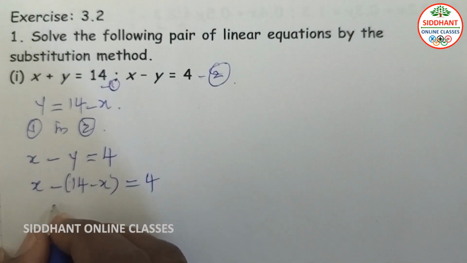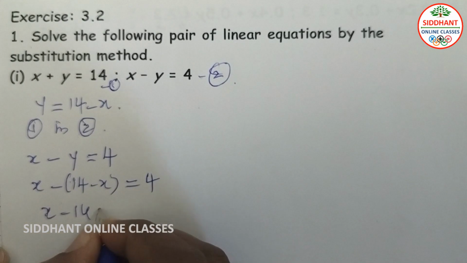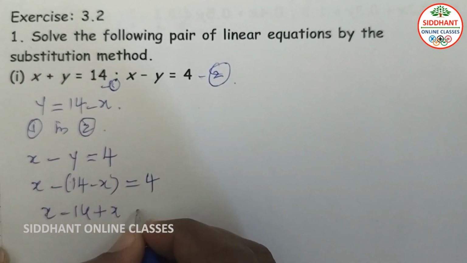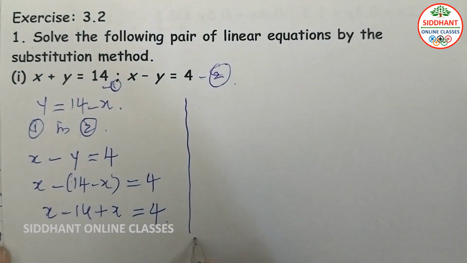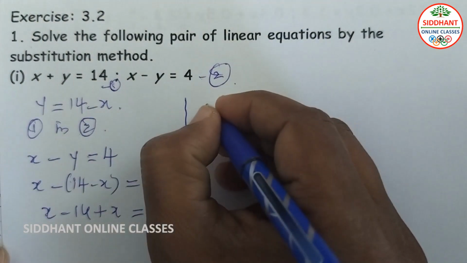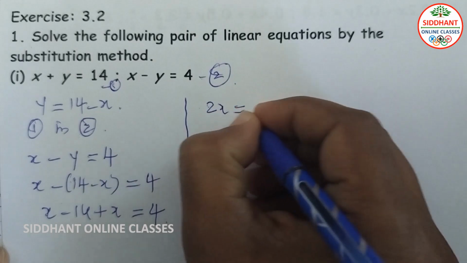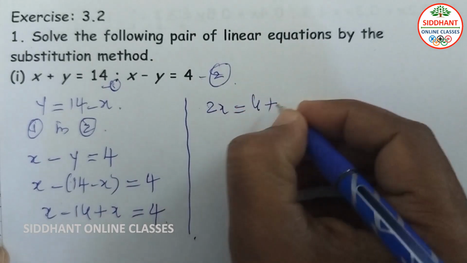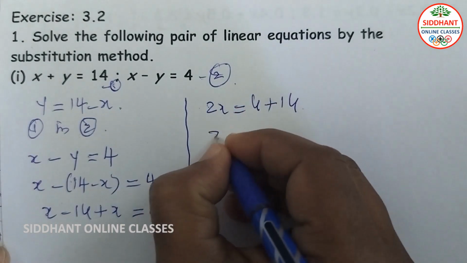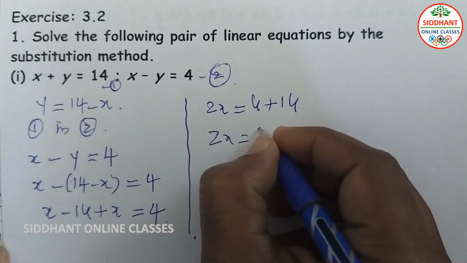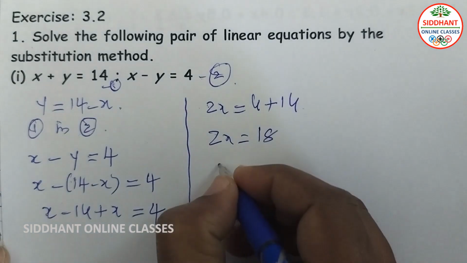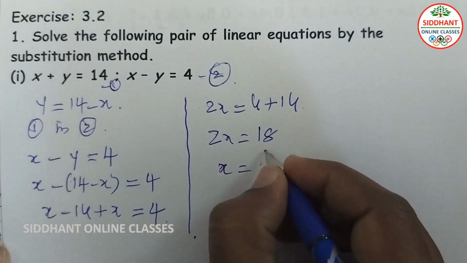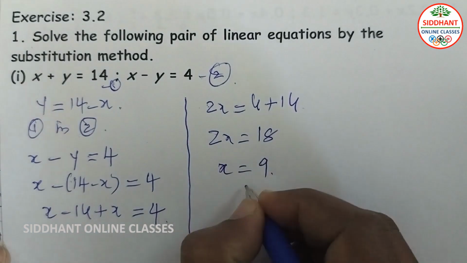That means x minus 14 plus x equal to 4. So 2x equal to 4 plus 14, then 2x equal to 18 and x equal to 18 by 2, which is 9.